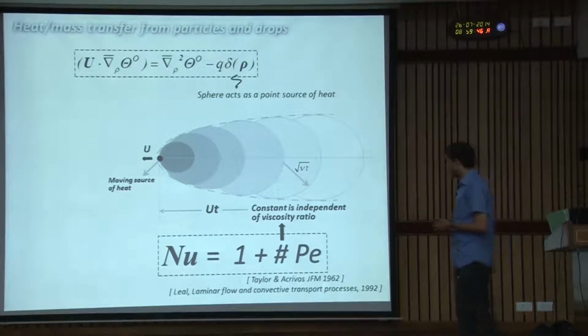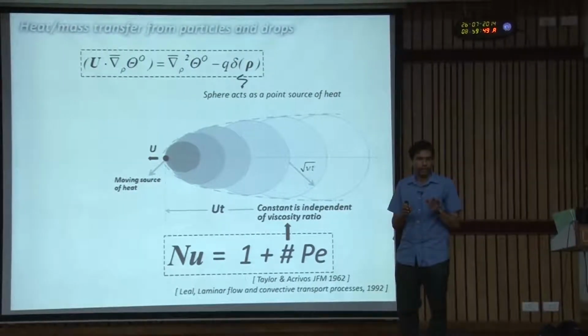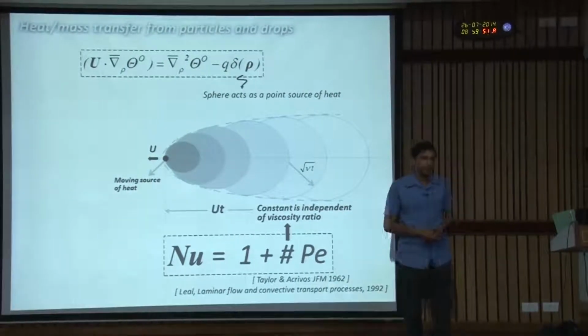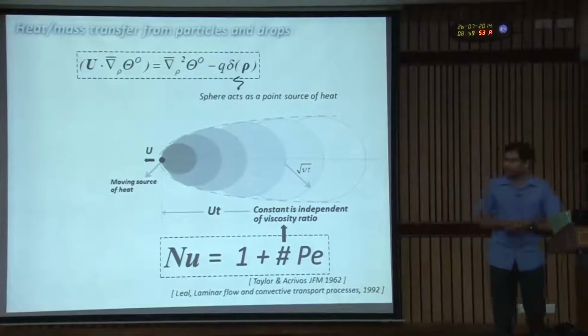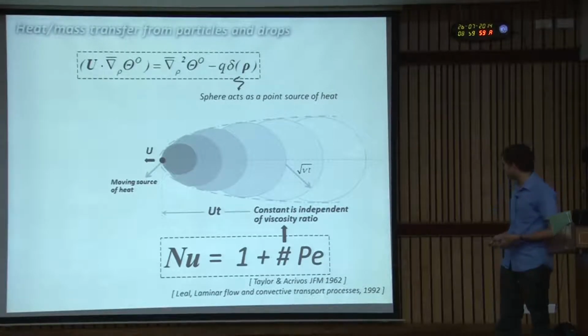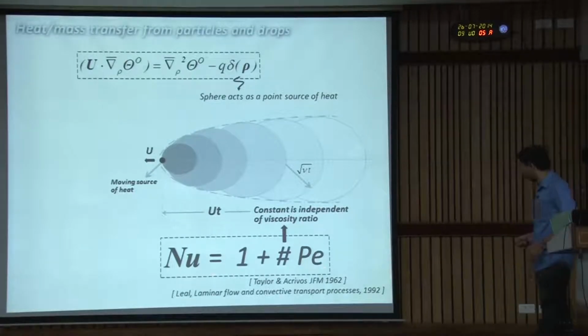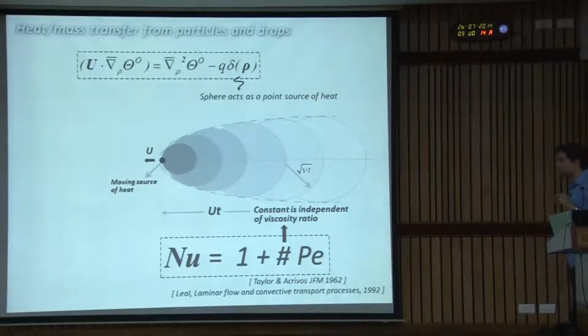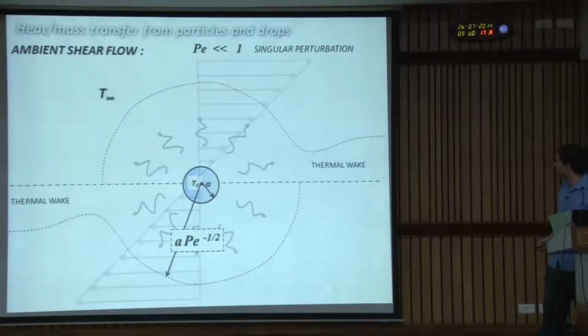Now, if you expand Nusselt about Peclet equals 0, the natural tendency is to think, oh, there is no reason for a singularity at Peclet equals 0, so I want an even function of Peclet. Then you will say, okay, Nusselt should be 1 plus order Peclet squared, but it's not. The singular perturbation has the effect that the correction is odd, order Peclet, and this should be mod Peclet rather than Peclet squared.